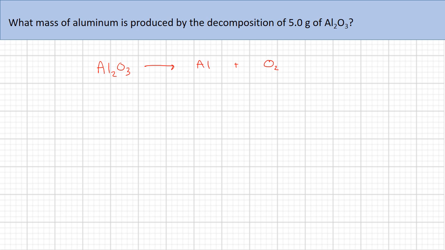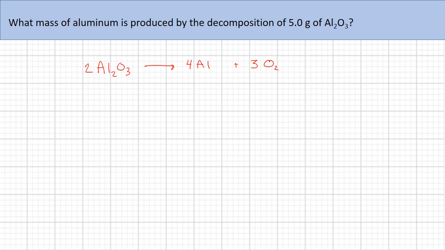So I'm going to multiply this side by 2, which would give me 6 oxygens on the left side. I can easily fix that on the right side by adding a 3 in front of our oxygen gas. And then I look, how much aluminum do I have on the left side? I've got 2 times 2, which is 4. And then I can just put a 4 on the front there, and everybody's happy. So we've got a balanced equation.